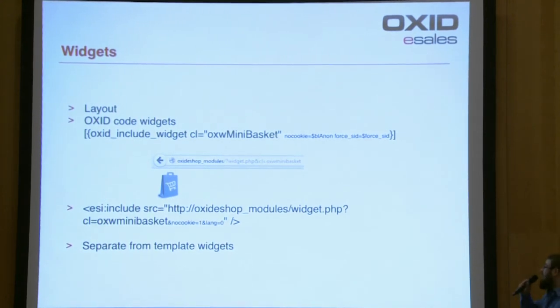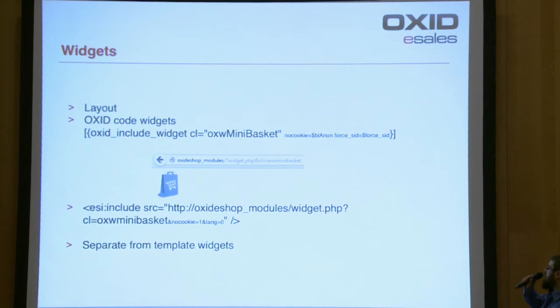So this is an example of how we call widgets in our templates. We wrote a Smarty plugin for it. So you just need to tell the Smarty plugin which widget class to call, and if you need, add additional parameters.